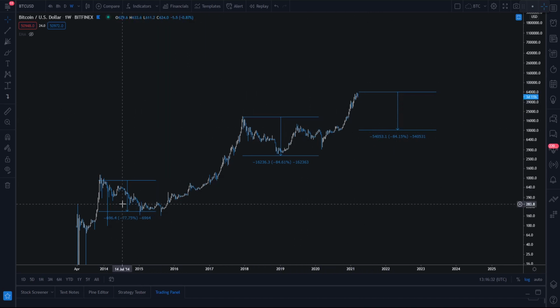In the previous two cycles, in 2014 and 2017, the whole run-up was caused by inexperienced traders who felt a lot of FOMO, a lot of FUD. The market was easily swayed by news and SEC regulations and things like that.